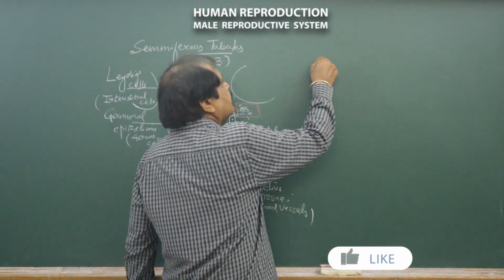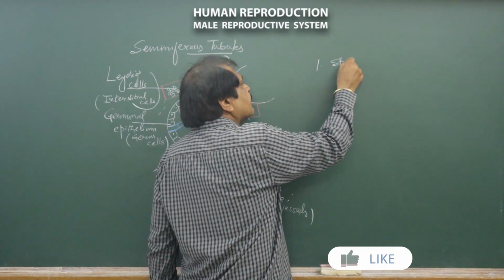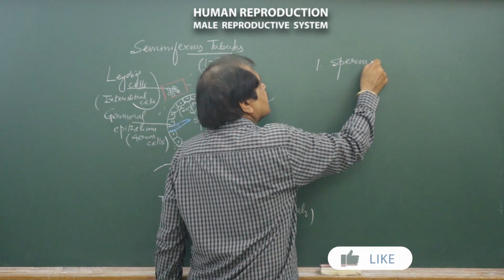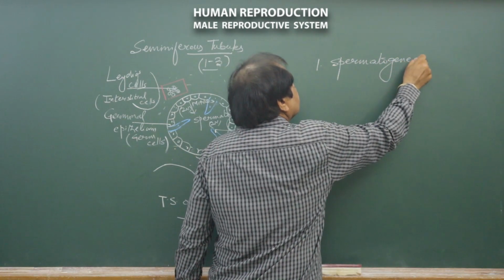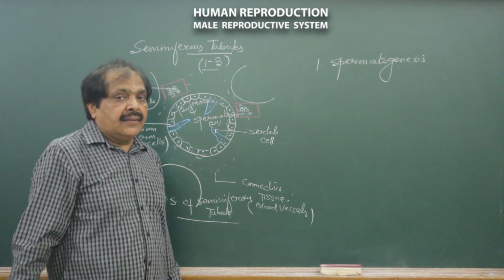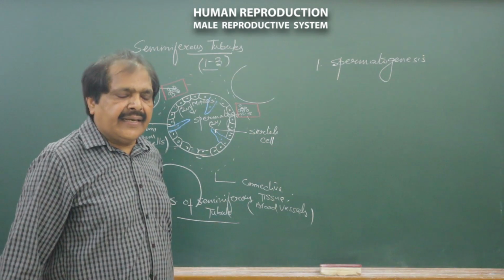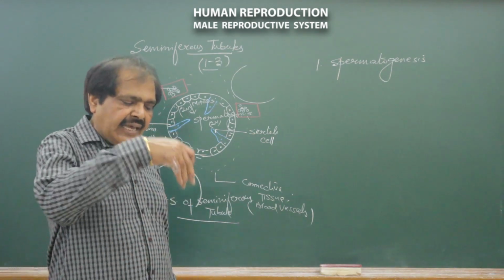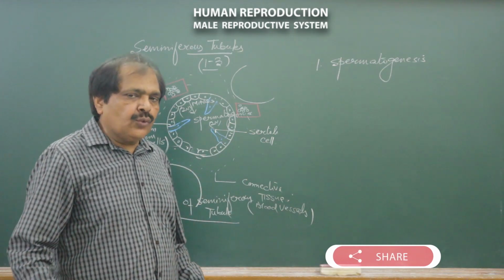Number one, spermatogenesis. Number two, I told you earlier that minimum quantity of testosterone is also secreted in the fetal life, which helps in the descending of the testis through the inguinal canal into the scrotum.